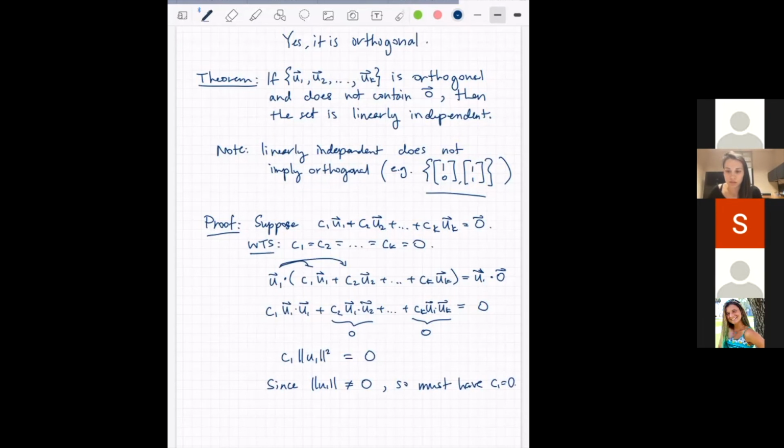Right? And then we could just do this trick with u2 and then u3 and then all the way up to uk. So we do the same thing with u2, u3 up to uk to get that all of those constants are equal to 0, which means that we have linear independence.